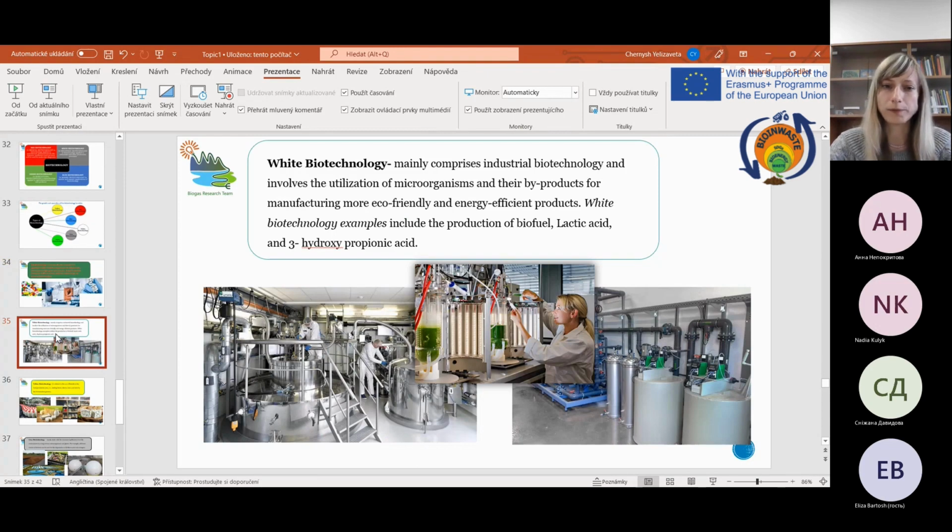White biotechnology. Mainly, it is biotechnology involved in different industrial fields.